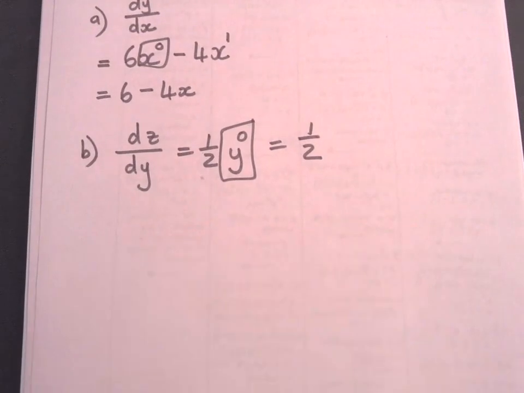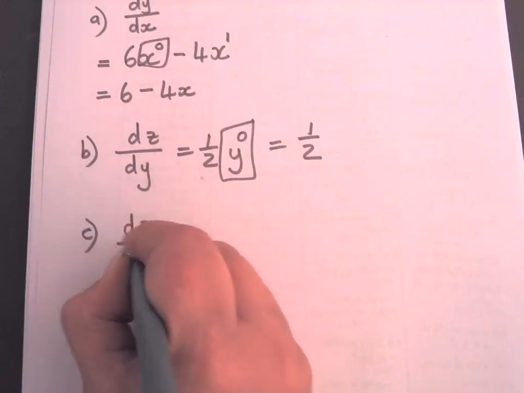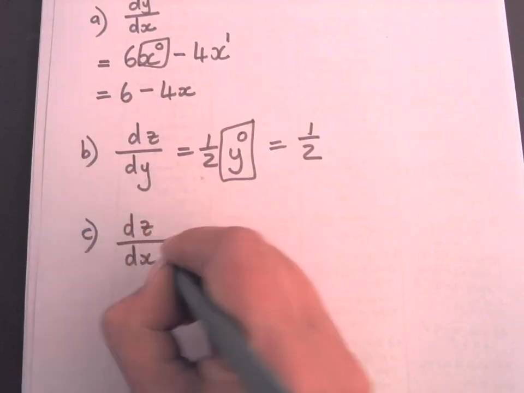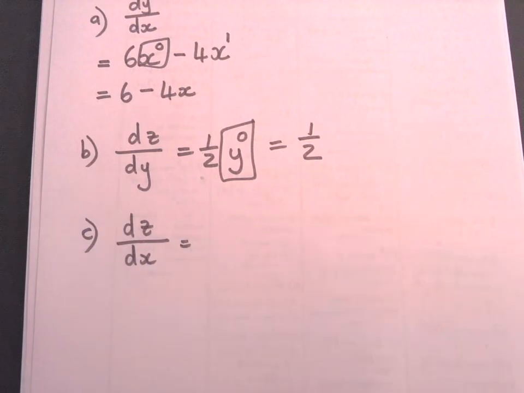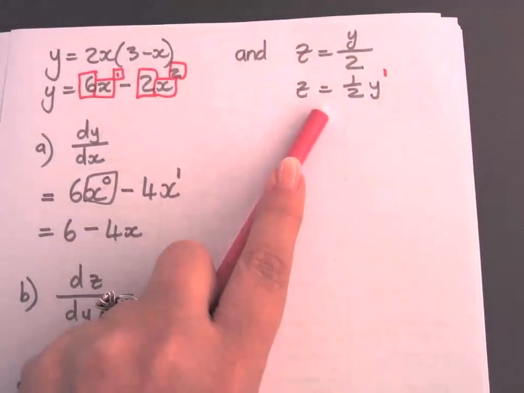Now the jackpot question. What happens if I ask you this? dz over dx. Take z and differentiate x. Does it have an x?